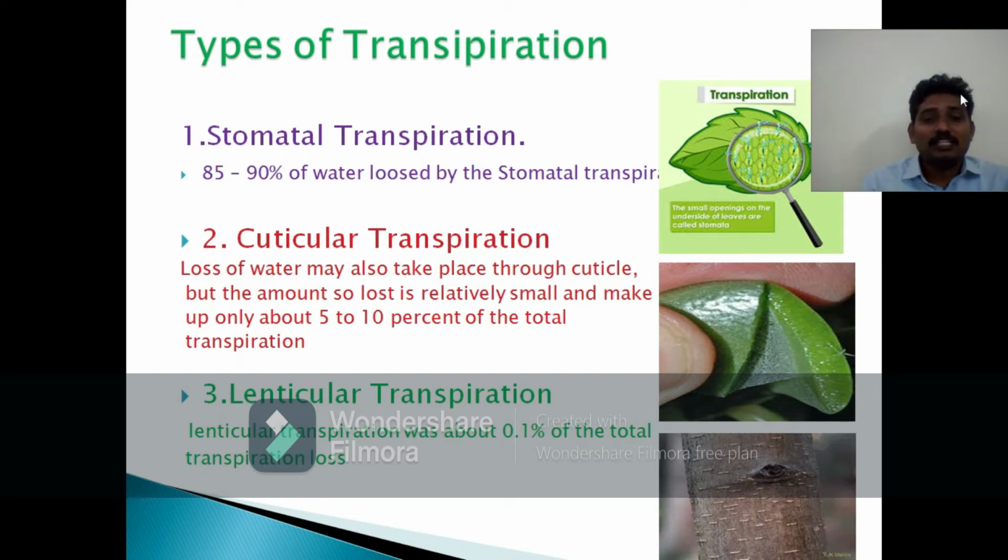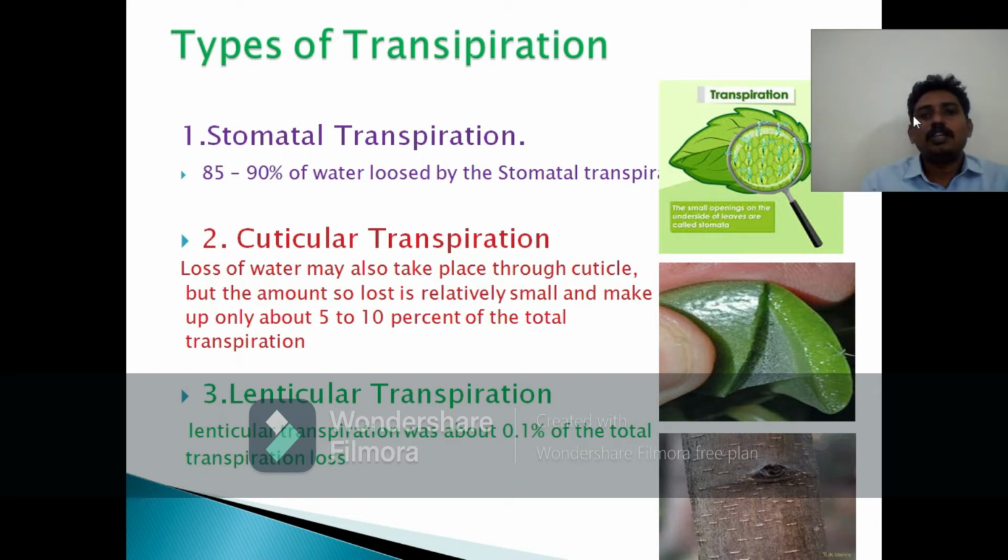The transpiration through the stomatal pore is known as stomatal transpiration. Generally, stomatal transpiration accounts for 85 to 90% of the transpiration, that means the water loss by stomatal transpiration.